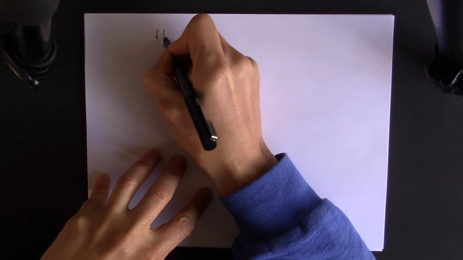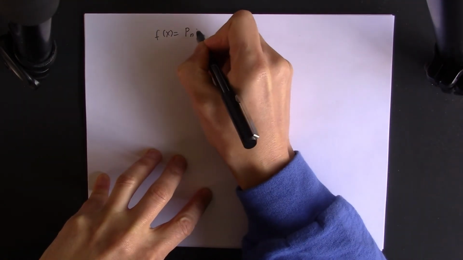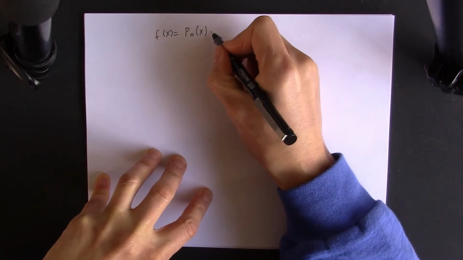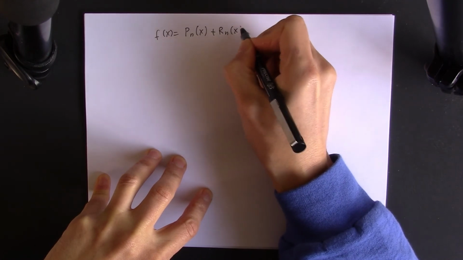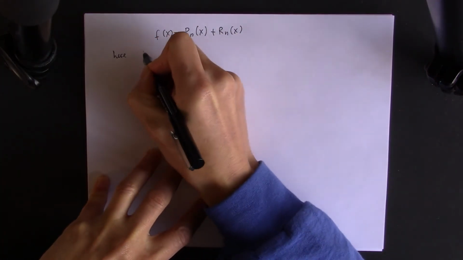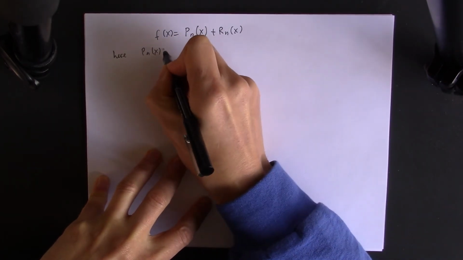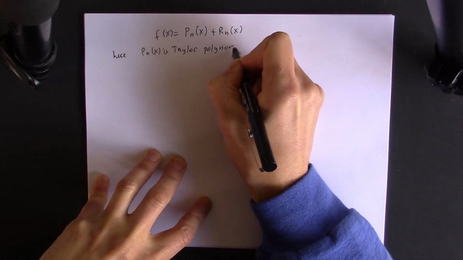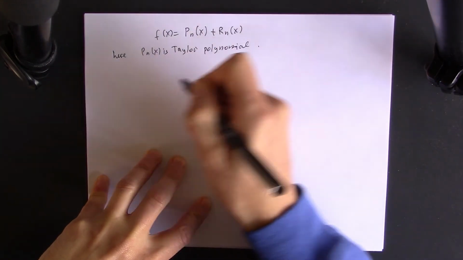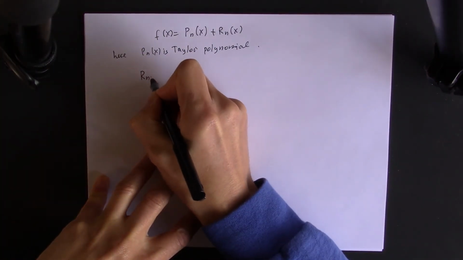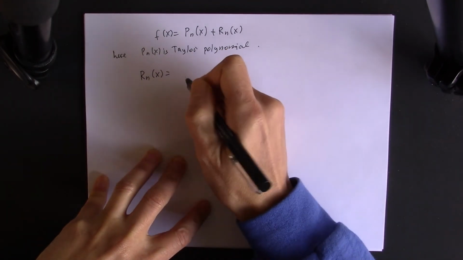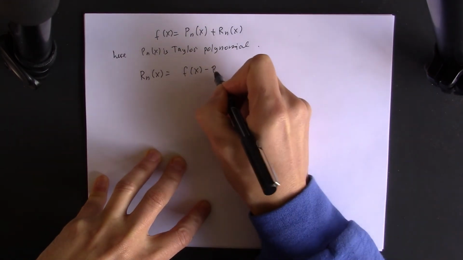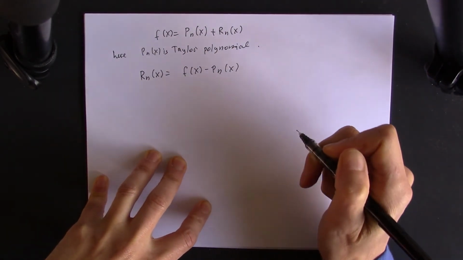If we have a function f of x and we approximate the function by the nth Taylor polynomial Pn, then we have some remainder, or error, equal to f of x minus Pn of x.